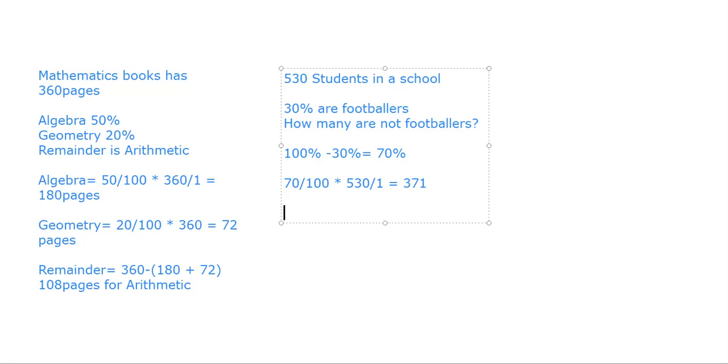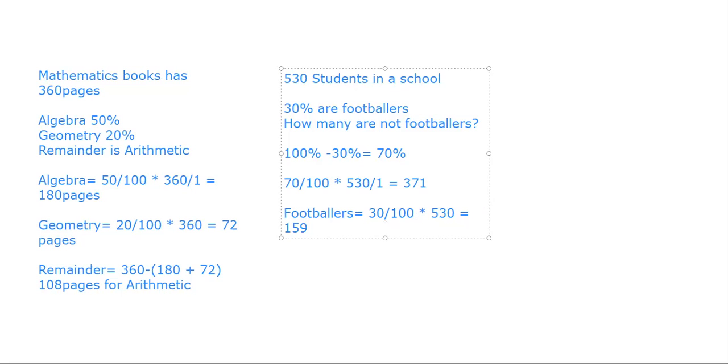Or we can say 30%. Work out how many play football, right? Footballers are 30 over 100 multiplied by 530, which would be equal to 159.